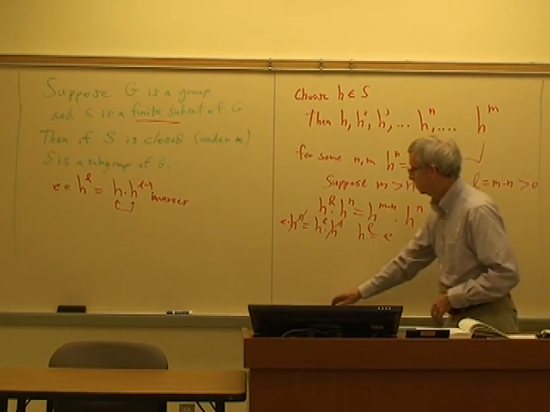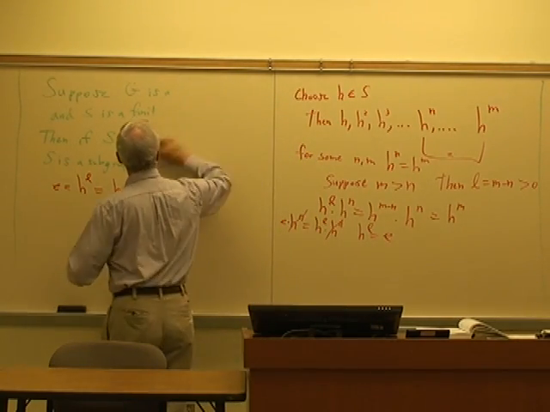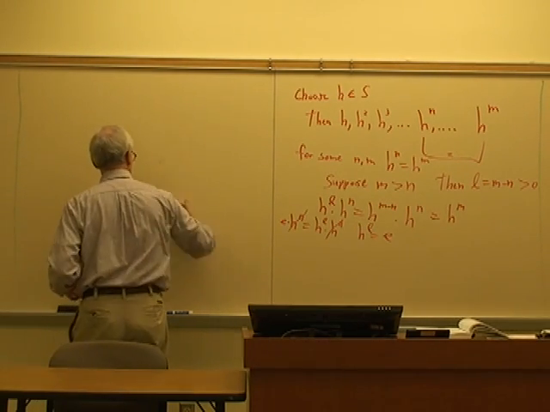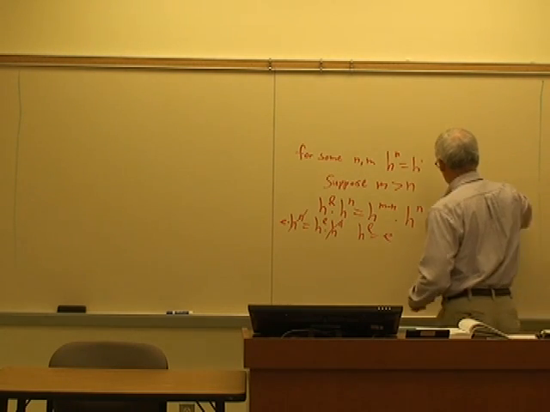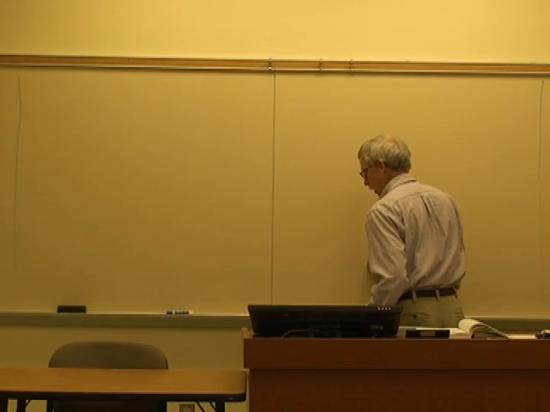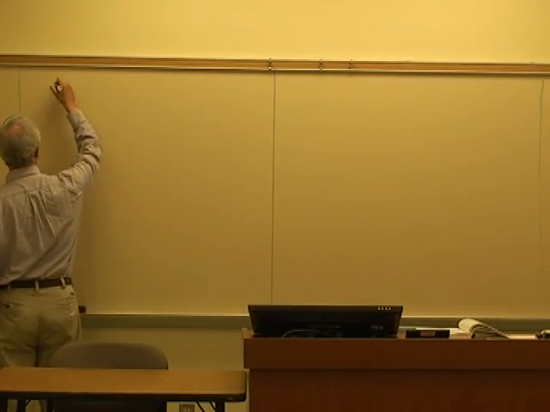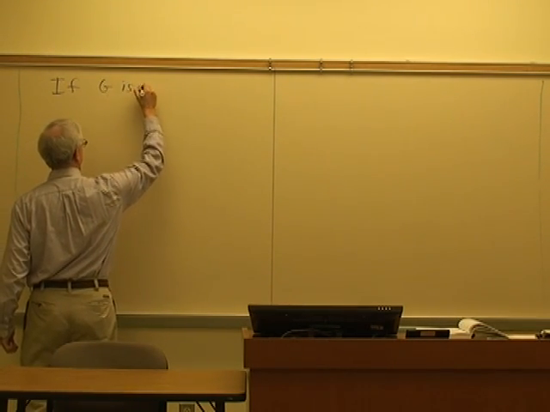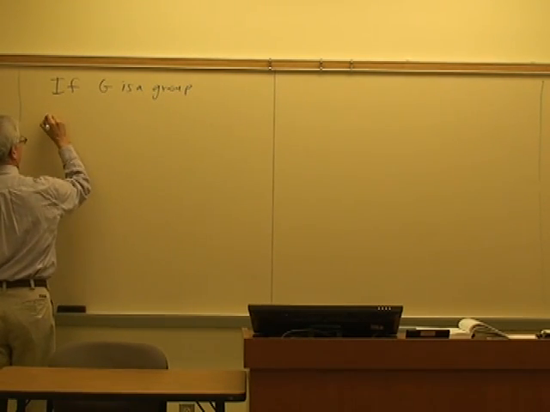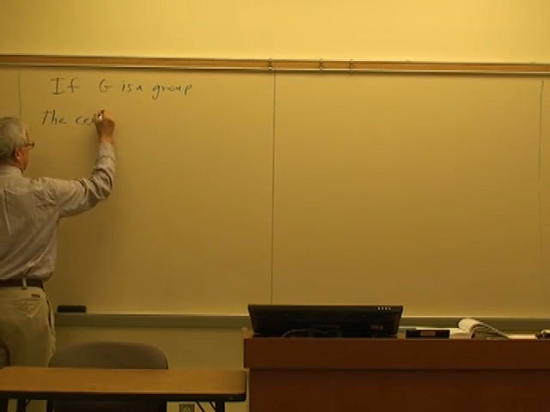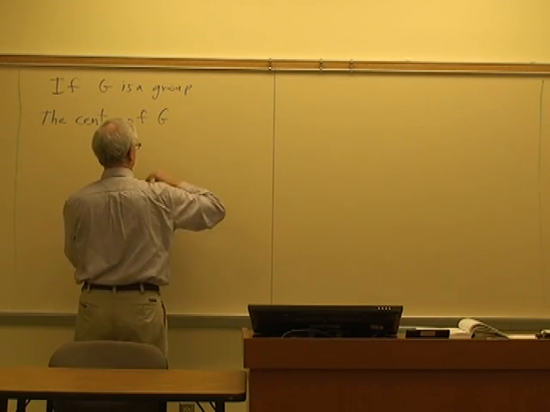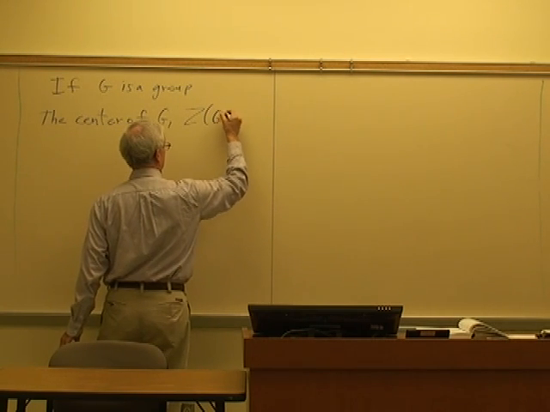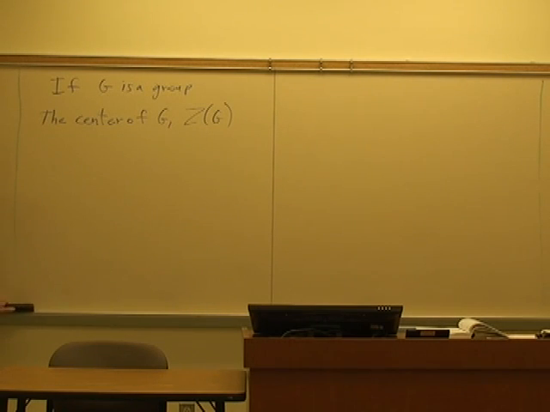Okay, one more topic out of this subgroup chapter. If G is a group, we define the center of the group, the center of G, denoted Z of G. It's Z because the Germans invented a lot of this, and Zentrum is center in German.